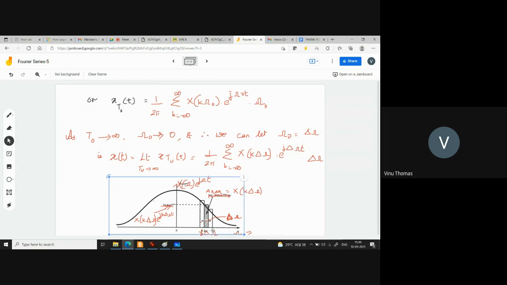Now, when k takes a different value, you have a different rectangle. So if you compute the sigma from k equal to minus infinity to plus infinity, in essence you are computing the total area under this function. Since delta omega is tending to 0, I might also replace this by d omega, and this k delta omega I can replace by a continuous variable omega.